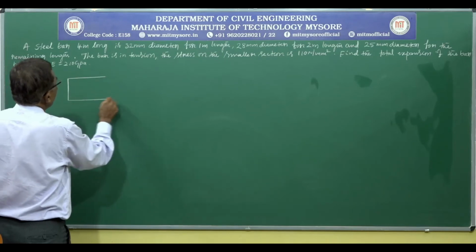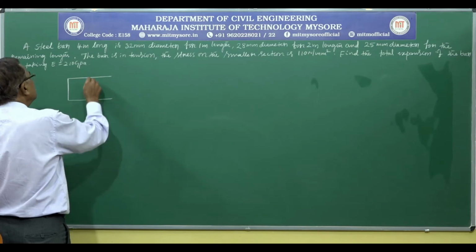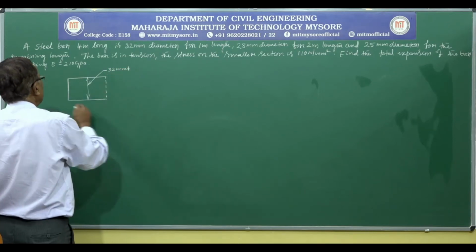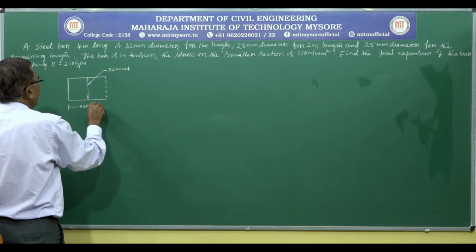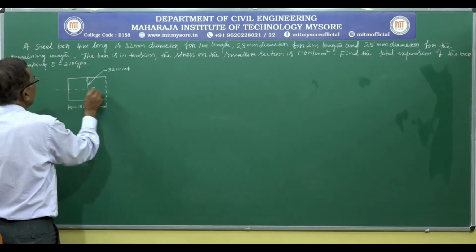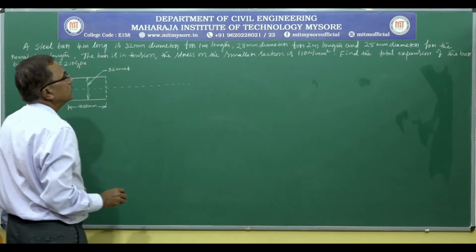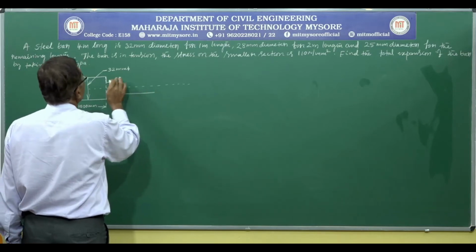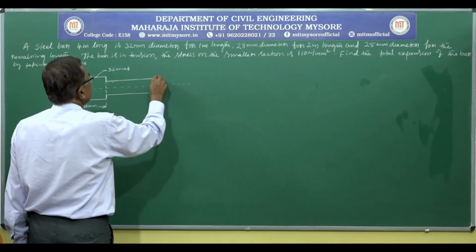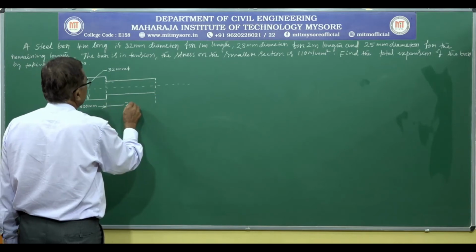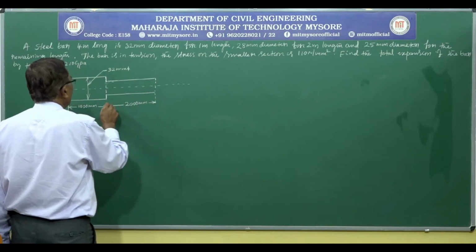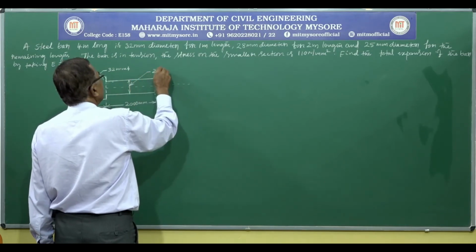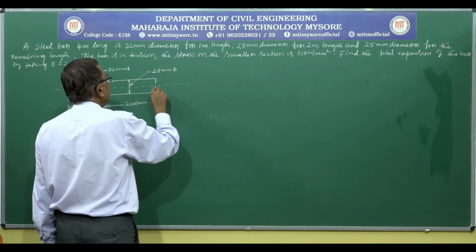A steel bar, 32 millimeter in diameter for first 1 meter length, 28 millimeter diameter for 2 meter length, and 25 millimeter in diameter for the remaining length.